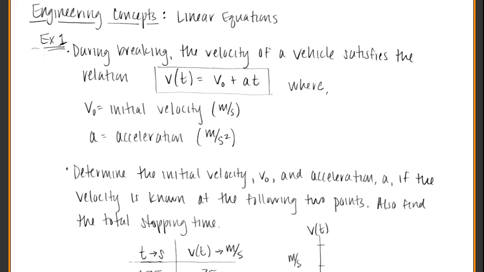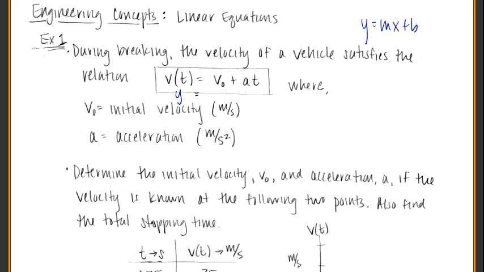This first engineering concept is all about velocity. Velocity, by definition, is speed in a specific direction. In our equation, we're used to seeing y equals mx plus b, so let's connect it here. We have v of t, so the velocity is equal to our initial velocity plus acceleration times time.